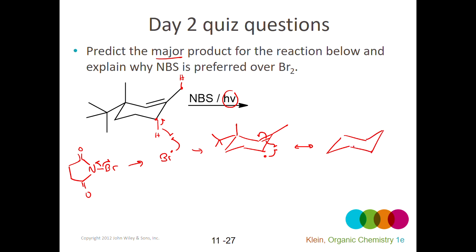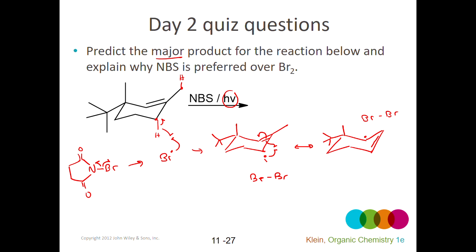And once you create a free radical that you know can be stabilized by resonance, you want to draw all the resonance contributors. Because once I rearrange these electrons and recognize that the free radical is shared between this secondary carbon and this one, I have to understand that the small amount of bromine in the form of Br2 that forms when a couple bromines couple together could react at either one of those sites.